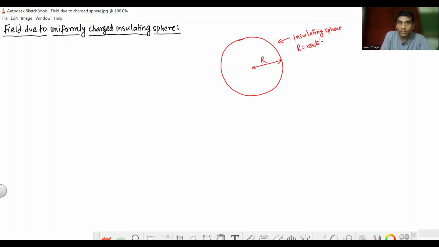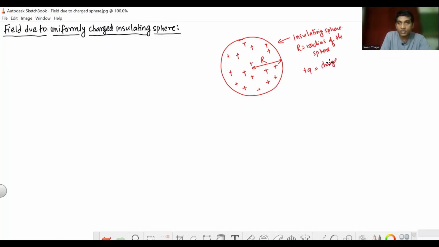This is the radius of the sphere, and let the sphere contain plus Q charge. Okay.